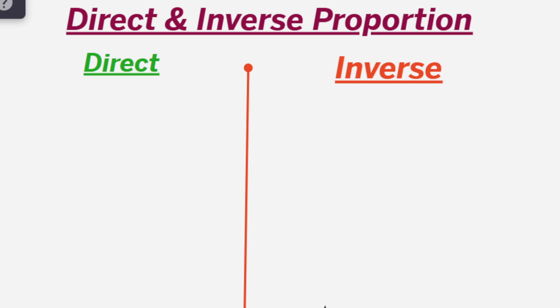In this video, I would like to explain direct and inverse proportion. Direct proportion means you have two quantities that increase together and decrease together.